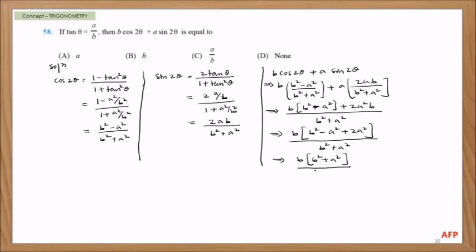One a square will be plus sign, and cancel these two. So this implies b is the correct answer. So option B is the correct answer.